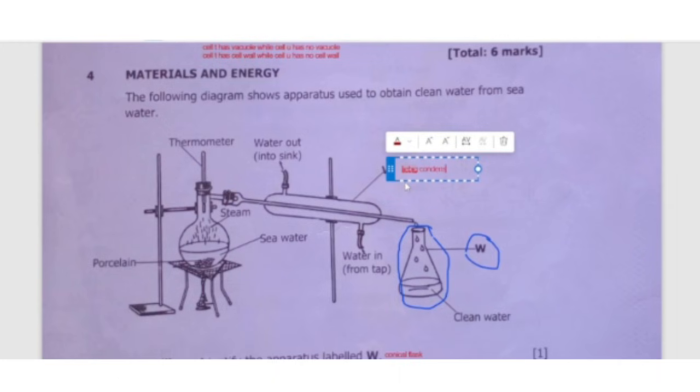Let me just drag this a bit to V. Okay, V is called Liebig condenser, and this is the Liebig condenser, the one here.